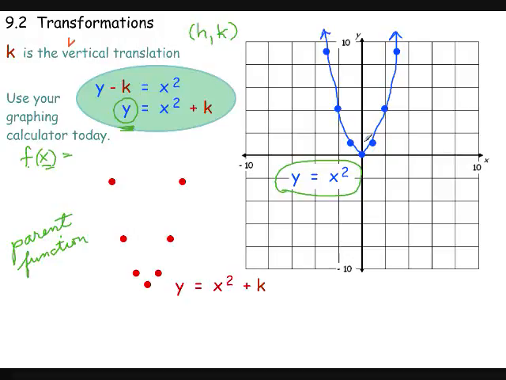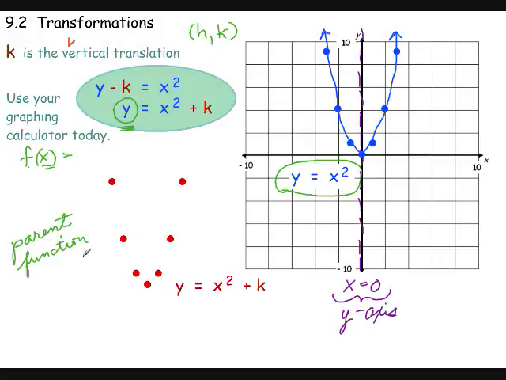We know that the line of symmetry, I'm going to get a different color, is this vertical line at x equals 0, and we know that that is the y-axis.